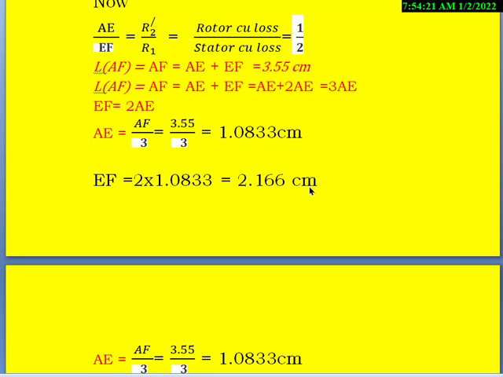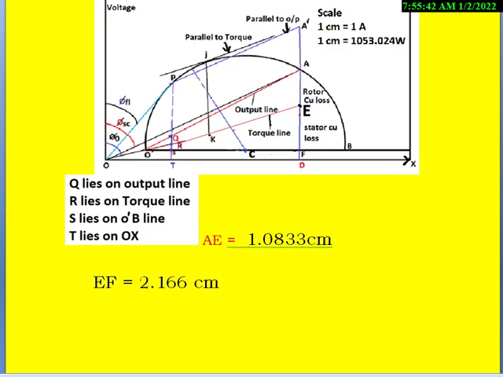By knowing this AE and EF, we can find the point E on this vector on the circle diagram. From A, measure the distance 1.0833 centimeters so that we get the point E, and the rest of the distance is EF, which is 2.166 centimeters.